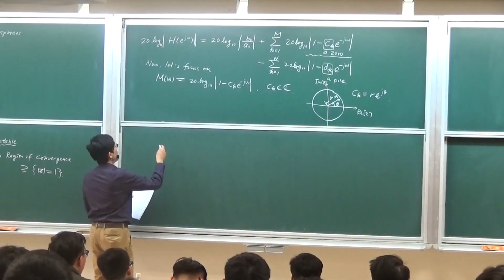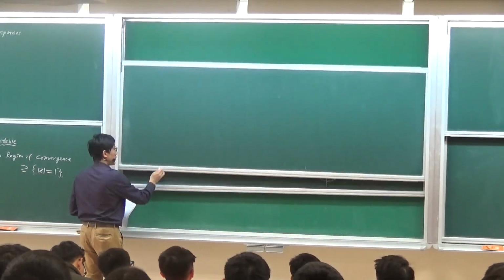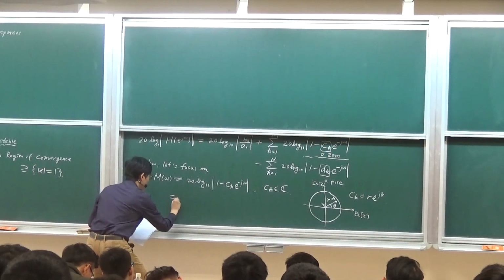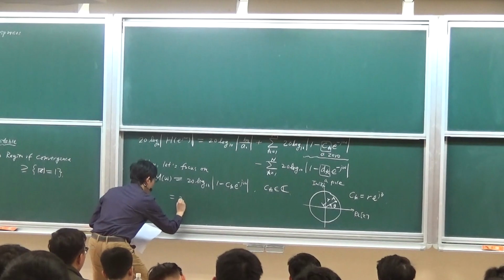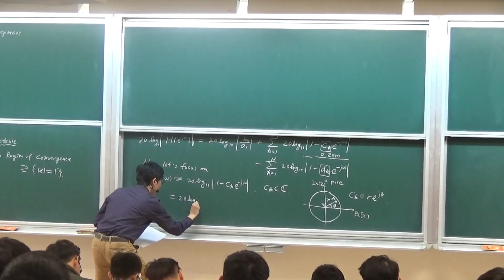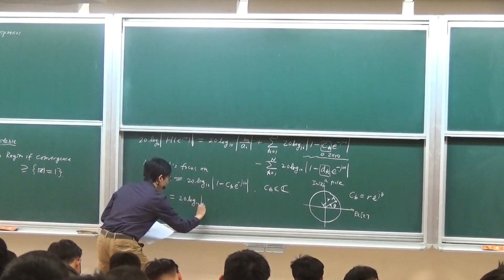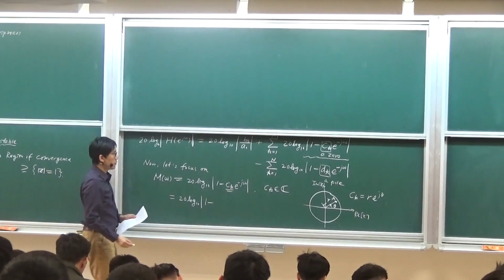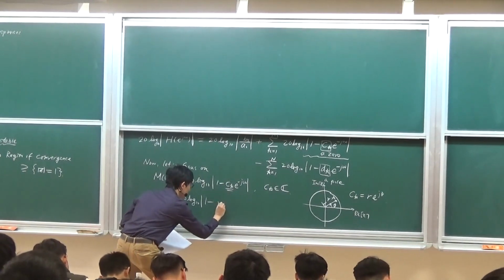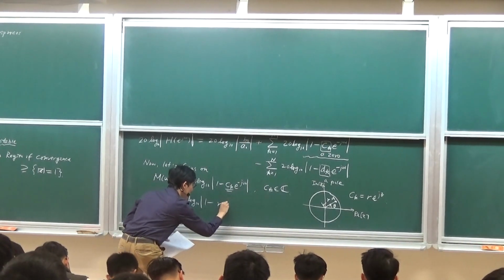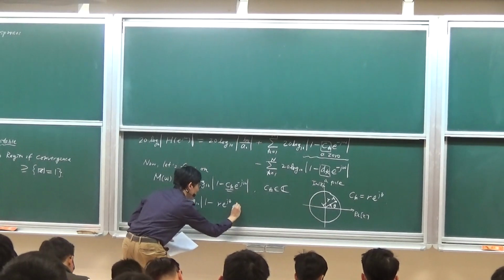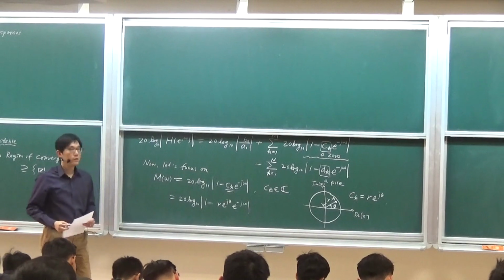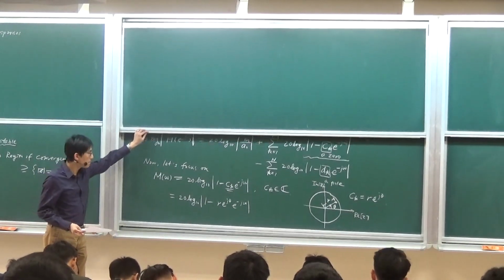Now after defining the radius and the angle, let's replace this location of the zero by its polar representation, r e to the j theta e to the minus j omega. That's just a simple substitution.